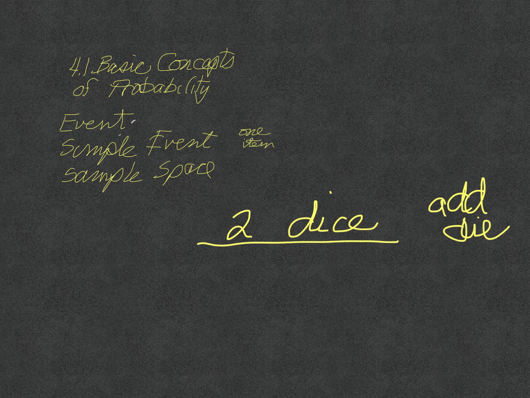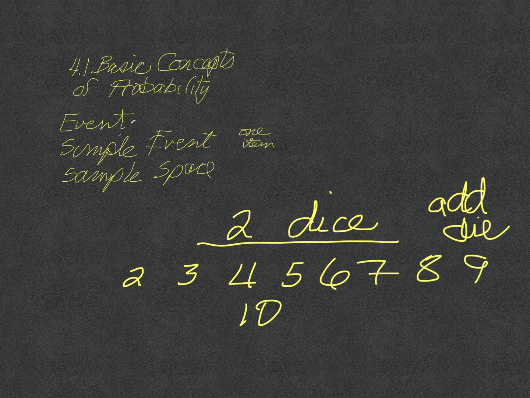So the event is rolling two dice, and I list all the sums. Now, the simple events would be 2, 3, 4, 5, 6, 7, 8, 9, 10, 11, and 12. Those are all the simple events.